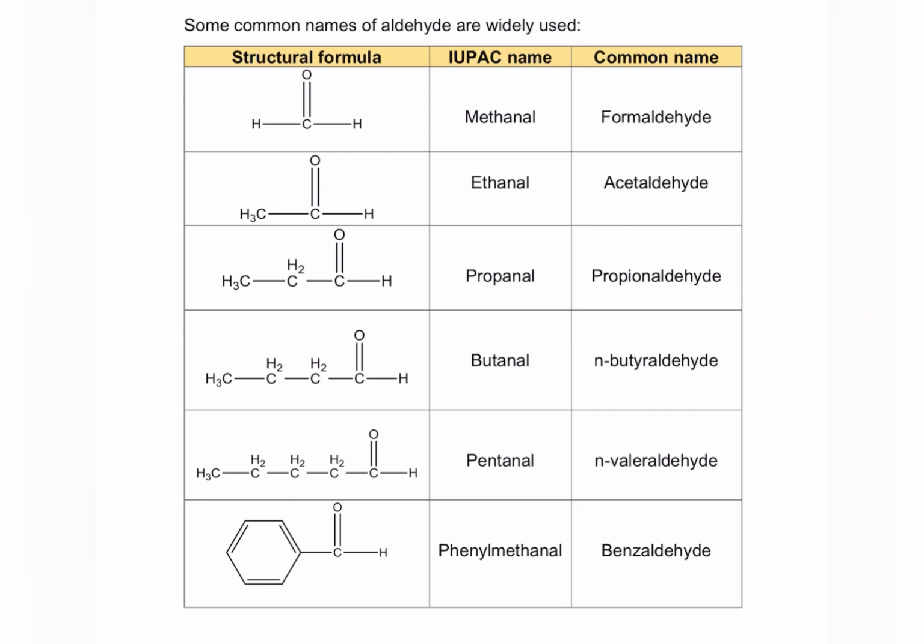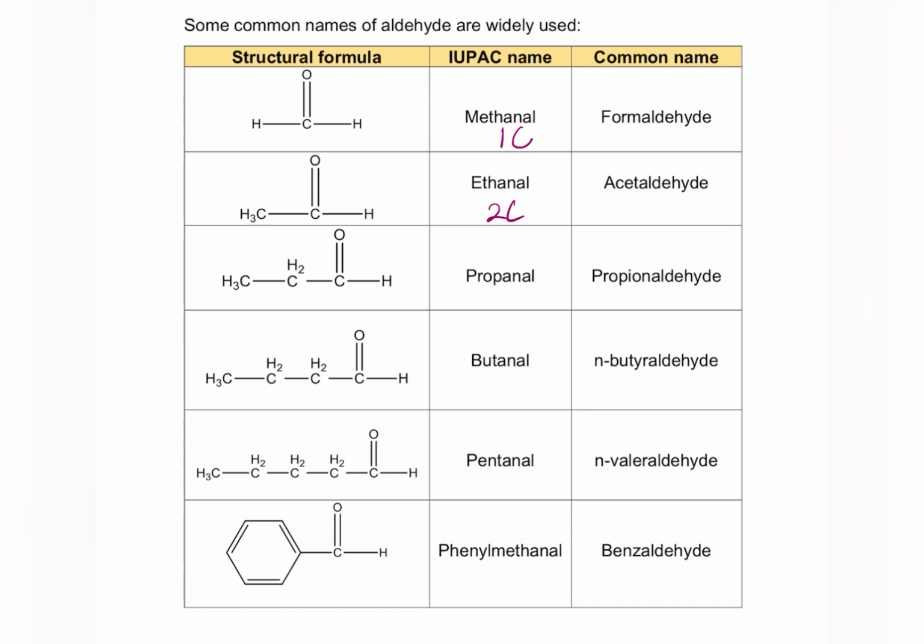For your information, there are a few common names for aldehyde that you are going to see along this semester. The first one is methanal with 1 carbon atom attached to hydrogen on both sides, and the common name for methanal is formaldehyde. The next one, you have ethanal, 2 carbon atoms, and the common name for ethanal is acetaldehyde.